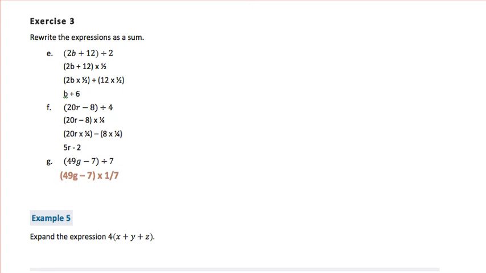Then we'll distribute 49g times 1/7. And we have a subtraction sign there, minus 7 times 1/7. And 49g times 1/7 is 7g. And 7 times 1/7 is 1. So 7g minus 1.